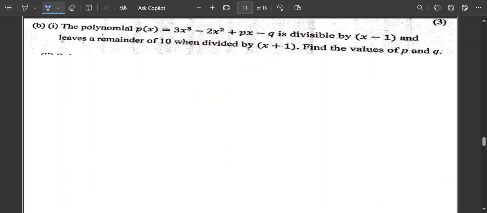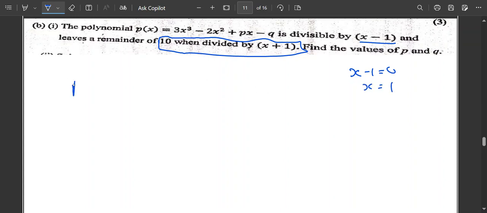So the polynomial, the question says, this one is divided by x minus 1 and leaves a remainder of 10. So it leaves a remainder of 10 when divided by this. So for the first one here, x minus 1 equals 0, so x is equal to 1.